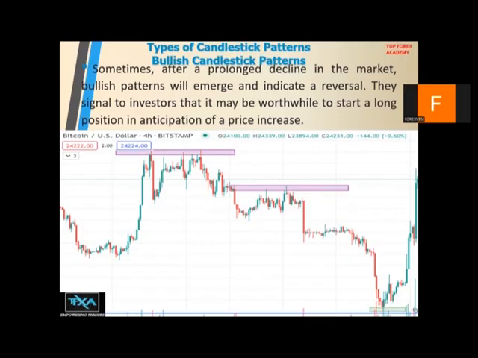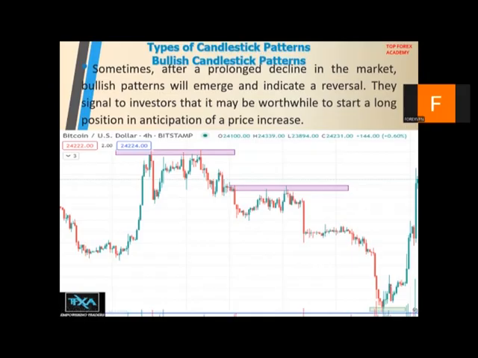This signals to investors that it may be worthwhile to start a long position in anticipation of a price increase, like Bitcoin just did here. It came right down, and then we have a bullish reversal here, and then we have a little break of structure. It comes down, it's not making any lower low anymore.